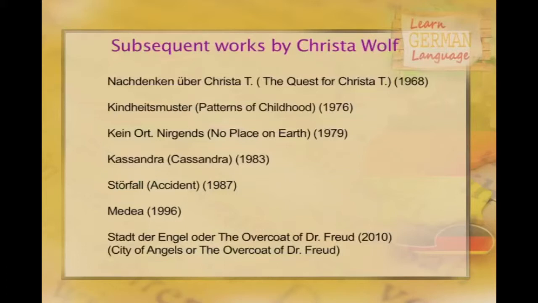Other works by Christa Wolf include Nachdenken über Christa T., or in English The Quest for Christa T., Kindheitsmuster, in English Patterns of Childhood, and other works like Cassandra, Kein Ort. Nirgends, Störfall, Medea, and Stadt der Engel oder The Overcoat of Dr.